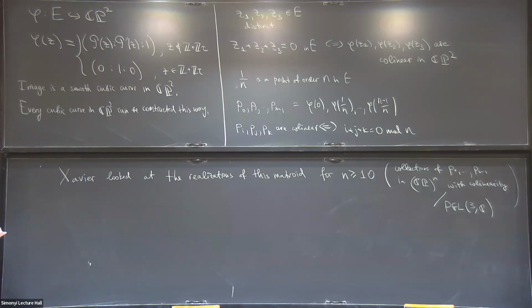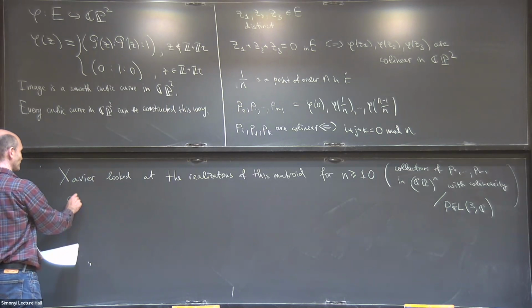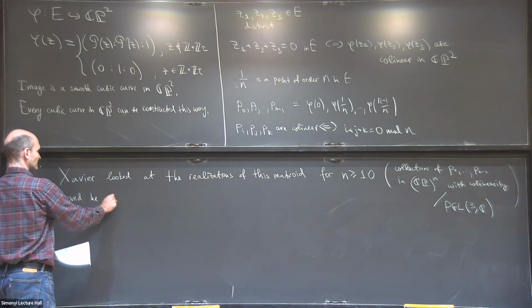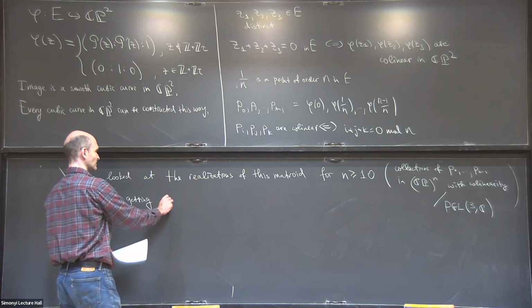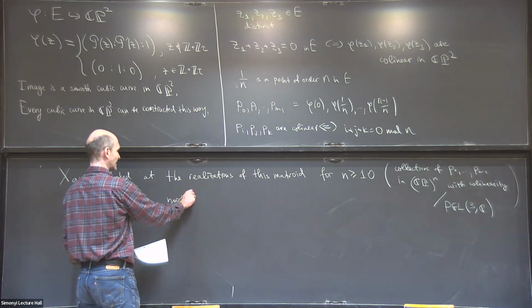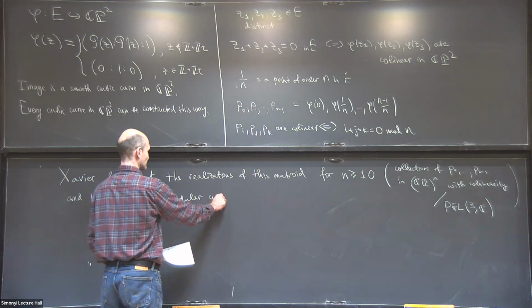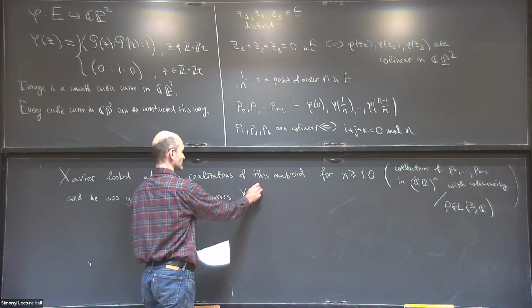And he just looked at it numerically. I'll explain how. And he was getting, well, curves. More precisely, these were modular curves, X1 of n.